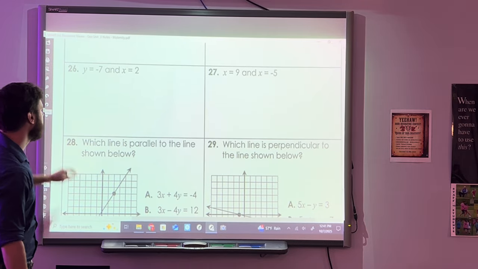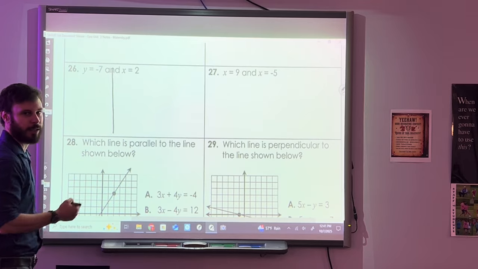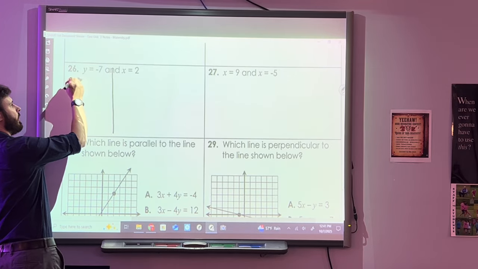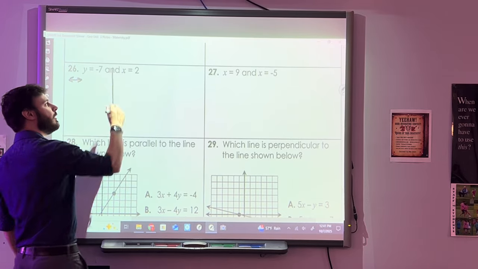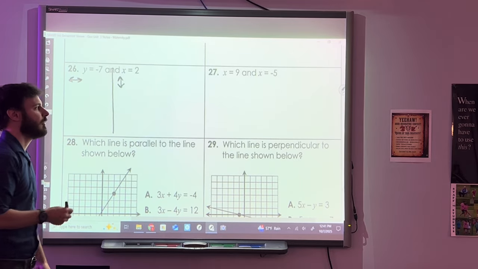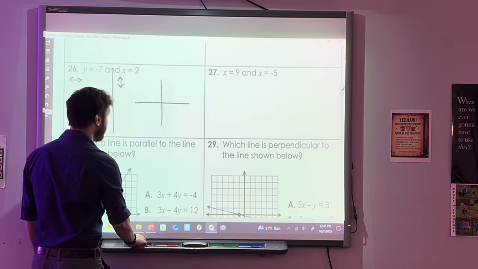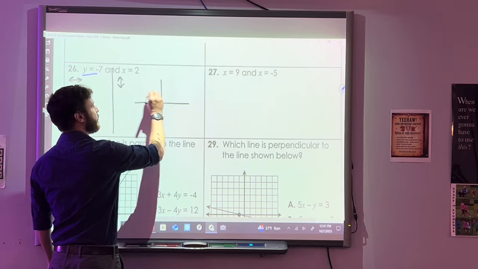We are going to talk about these though. If you have a Y line, think about what that means. A Y line is one that looks like this. And if you have an X line, think about that. That means that you have a line that looks like this. So on a coordinate grid, if we were to graph that, you might have your Y line looking like this.